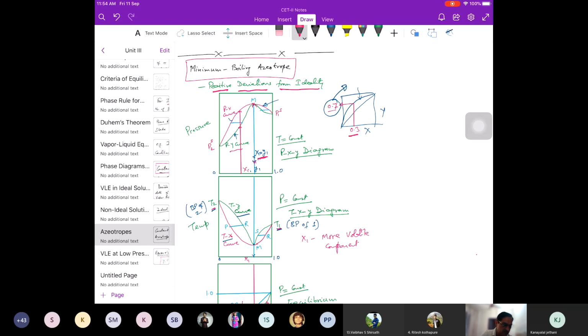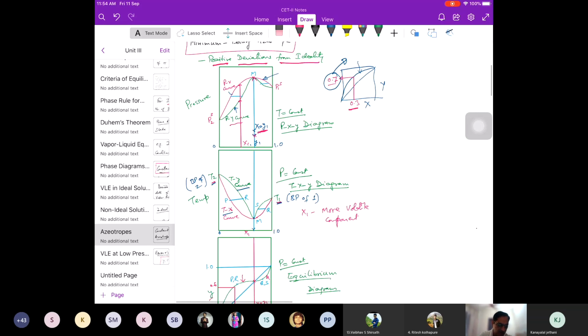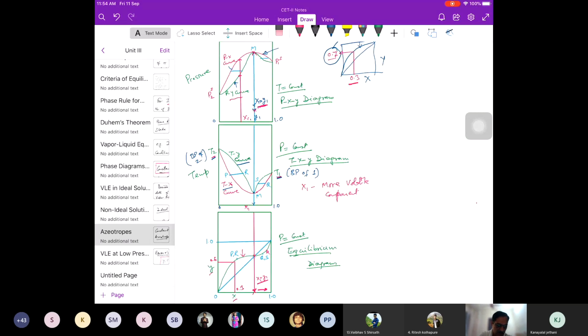So if I plot for the same system temperature versus x, what I'll get is this: T1 is the boiling point of component 1, which is the more volatile component, so it is lower, and T2 is the boiling point of component 2, which is the less volatile component.